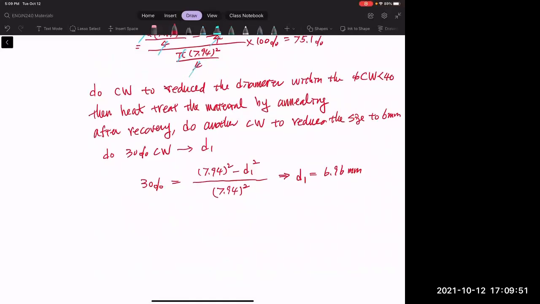So this will be the first step. The second step is do the heat treatment. And the third step is going to do another cold work.